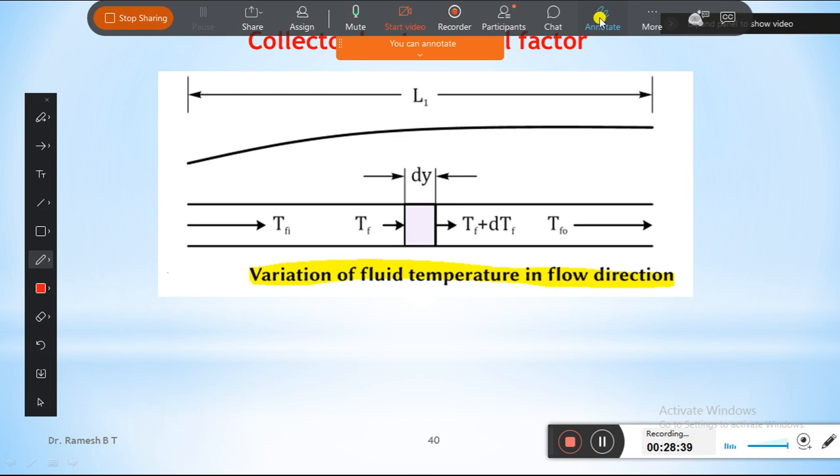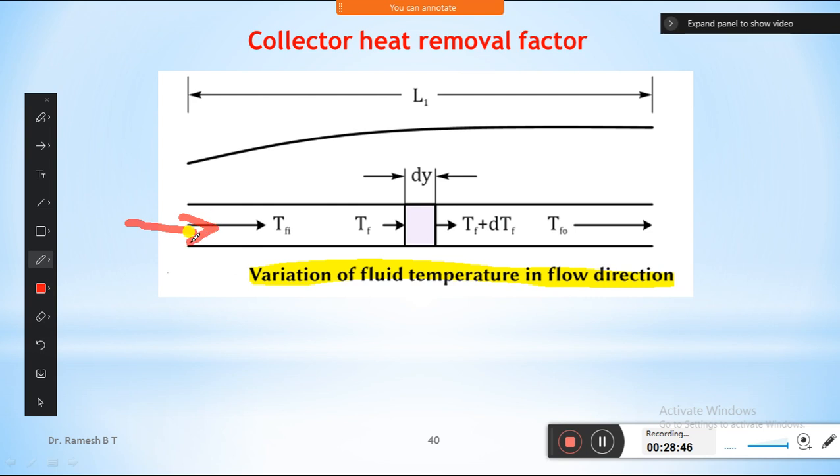So now consider a control volume of elementary length dy, of one tube only, and apply the first law of thermodynamics: this is the heat in and this is the heat out.